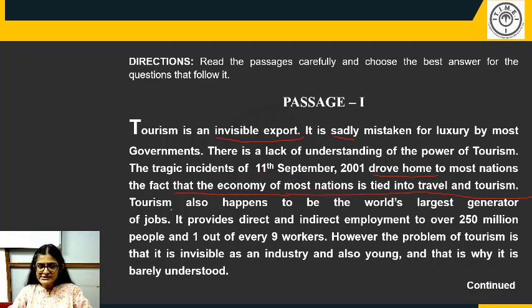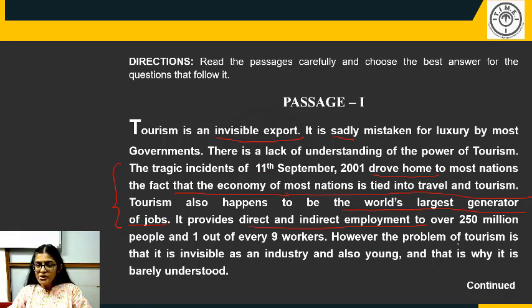Okay. Tourism also happens to be the world's largest generator of jobs. It provides direct and indirect employment to over 250 million people, and 1 out of every 9 workers. So here what we saw is the benefits of tourism, right?